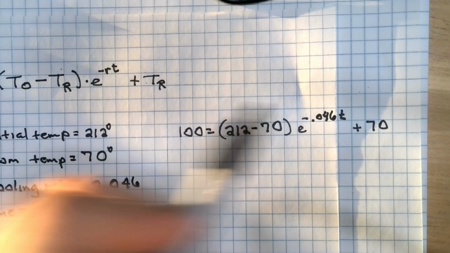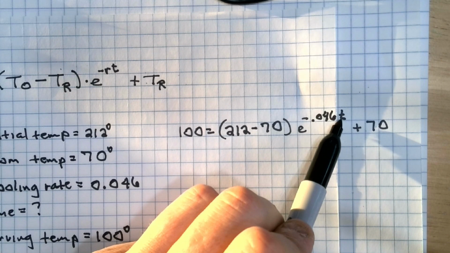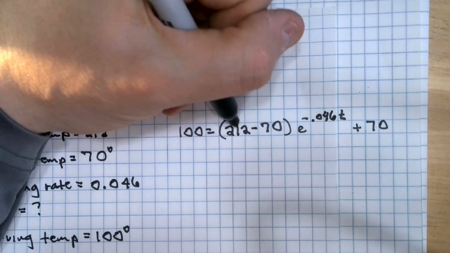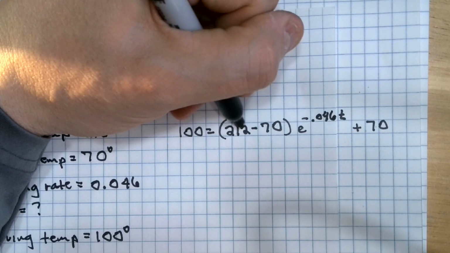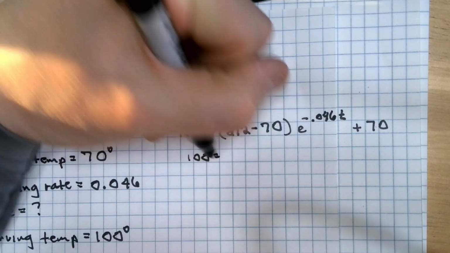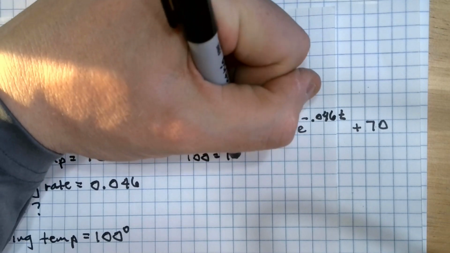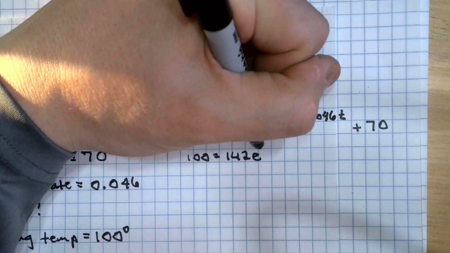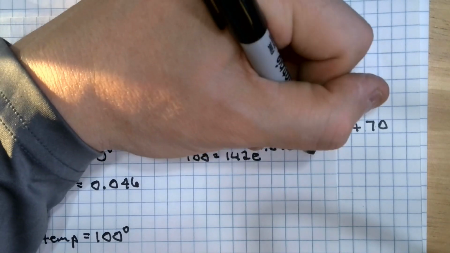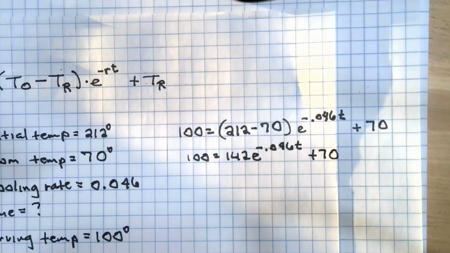All right, so we know at some point we've got to get this exponent out of there, because it has a variable in it, but we have to do some simplification first. So the first thing we want to do is simplify this 212 minus 70. So we're going to have 100 equals 212 minus 70 is 142, E to the negative 0.046 T plus 70.